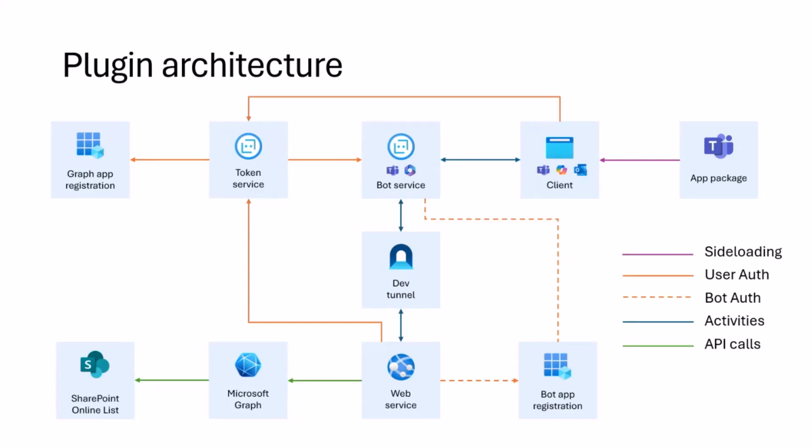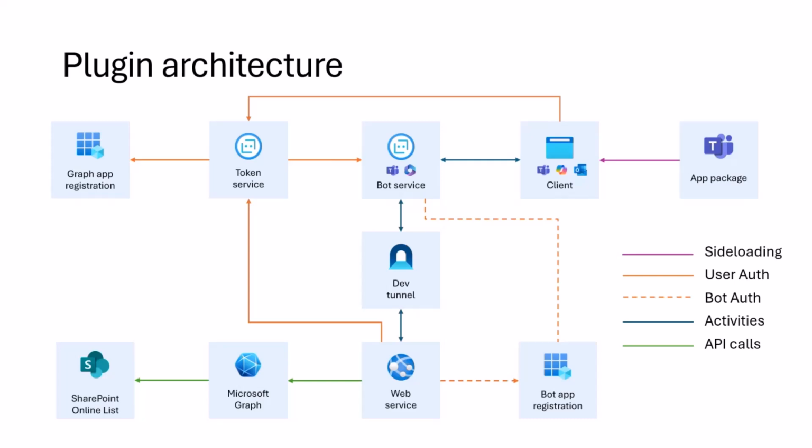This web service is then able to make requests to Microsoft Graph to get information from that SharePoint Online list. There's an authentication side of things in here as well. The first time someone uses this message extension, we need to authenticate the user. We need to know who they are and make sure that we can call Microsoft Graph on their behalf.